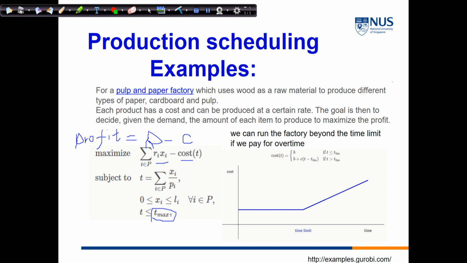Therefore, you have T is smaller than or equal to T max. T is calculated over all the products, for each amount, from the production time required. Here, P_i is defined as the hourly productivity, as given in this example definition.